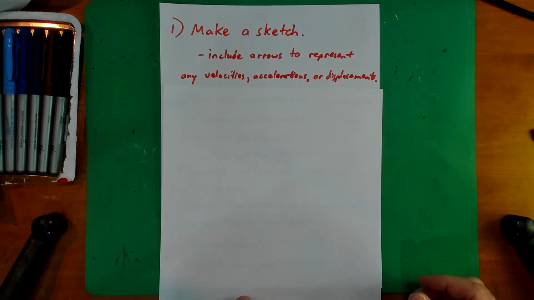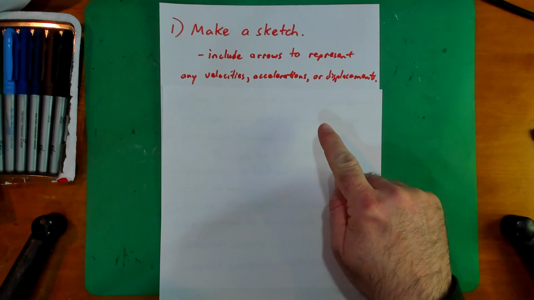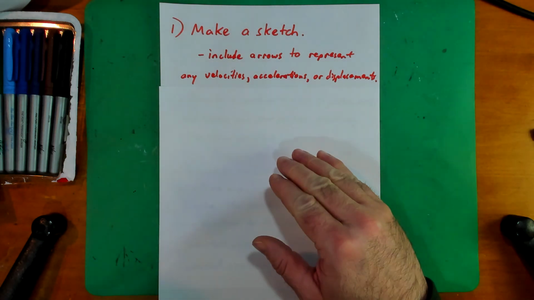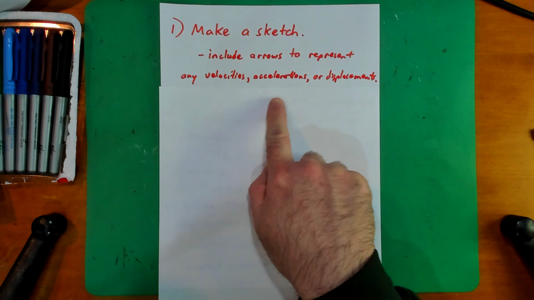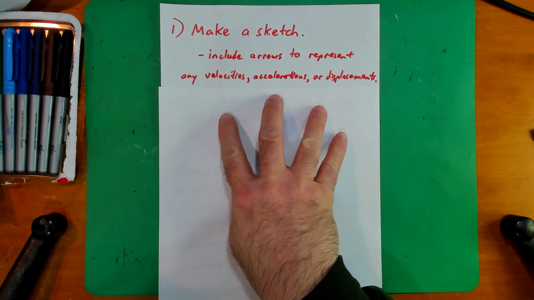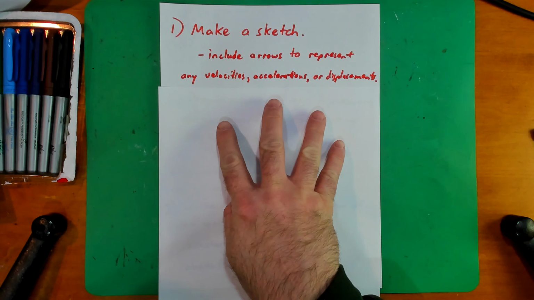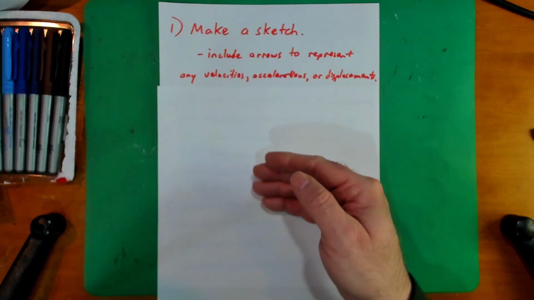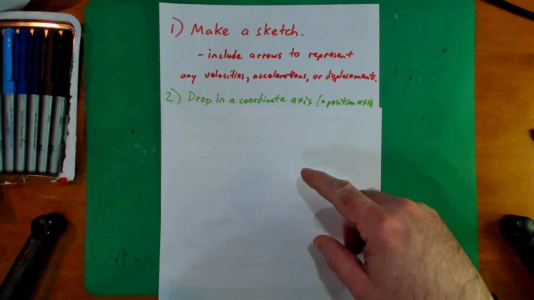On the sketch, make sure that you include arrows, vectors, to represent any velocities, accelerations, and displacements. All three of these things are vectors, they're arrows, they have directions, and we care very much about what those directions are, positive or negative. We're going to use the sketch to help us figure these things out.